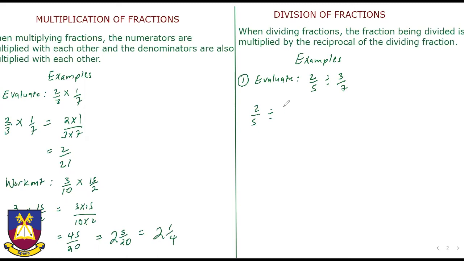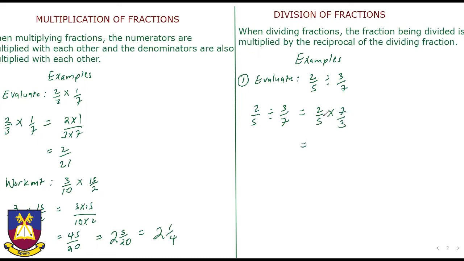Every time we're dividing fractions, we take this fraction 2 over 5 and multiply it by the reciprocal of this dividing fraction. The reciprocal is where you change the numerator to become the denominator, and the denominator to become the numerator. So it's going to be 7 over 3.